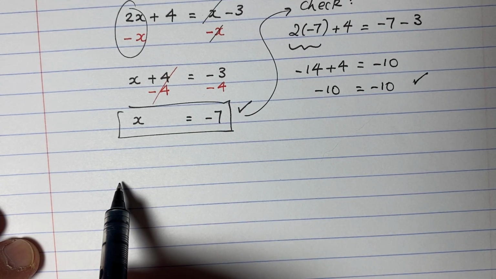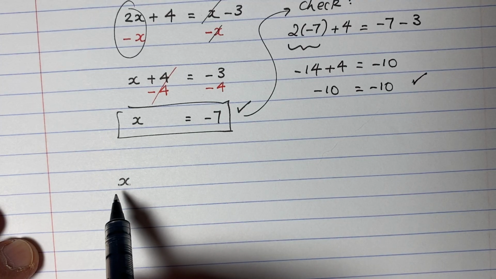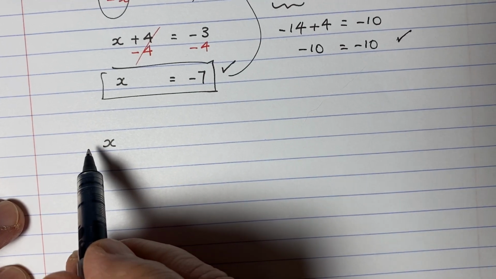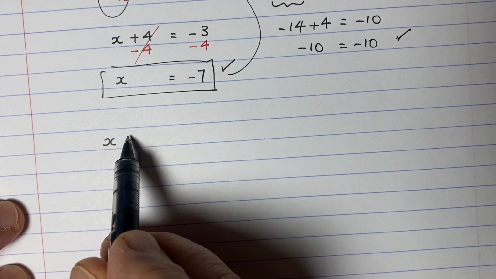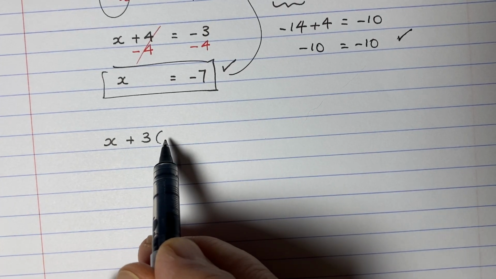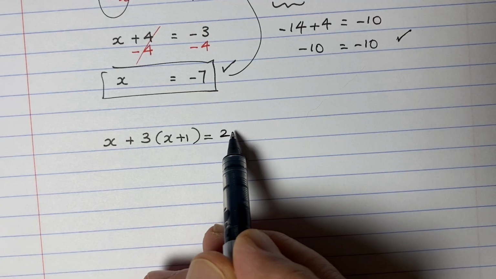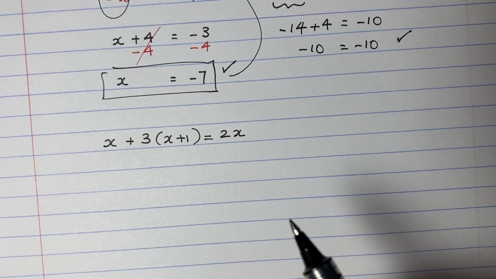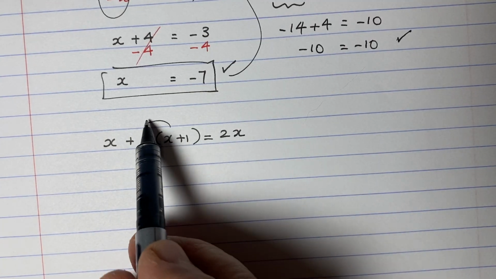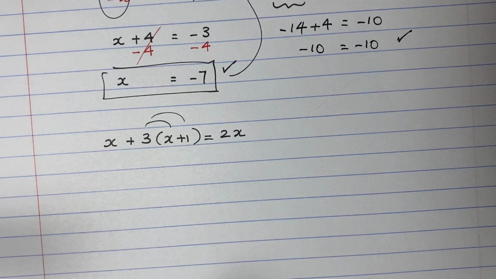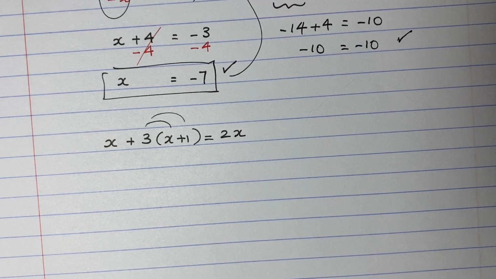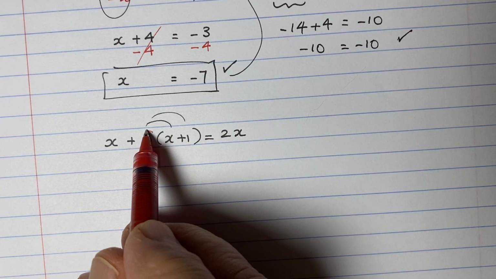Another question. This time I will involve a bracket in it. So we've got x plus 3 bracket open, x plus 1 equals 2x. First thing, remove the brackets. Here, the number outside the bracket isn't x plus 3, it's plus 3.